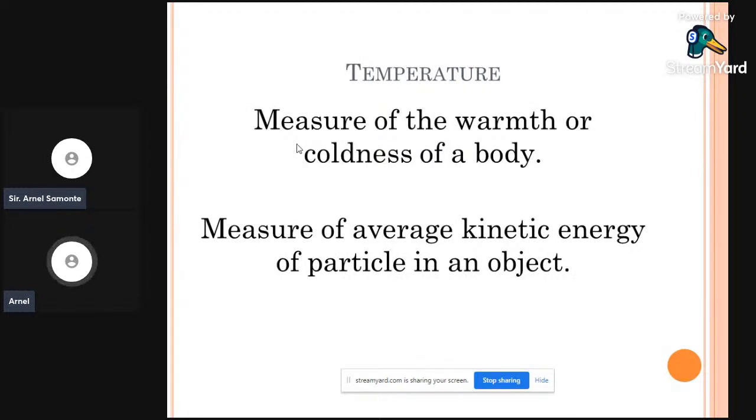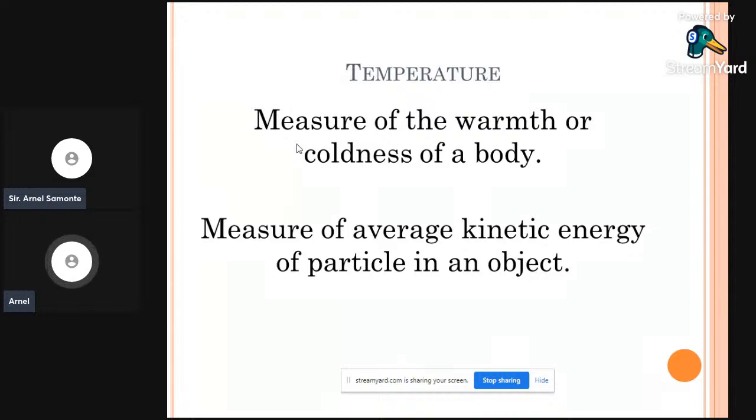So let's proceed to the temperature. The next property would be the temperature. Temperature is defined at the elementary level as the measure of warm and cold of a body. But now, in high school, temperature is defined as a measure of the average kinetic energy of particles in an object.